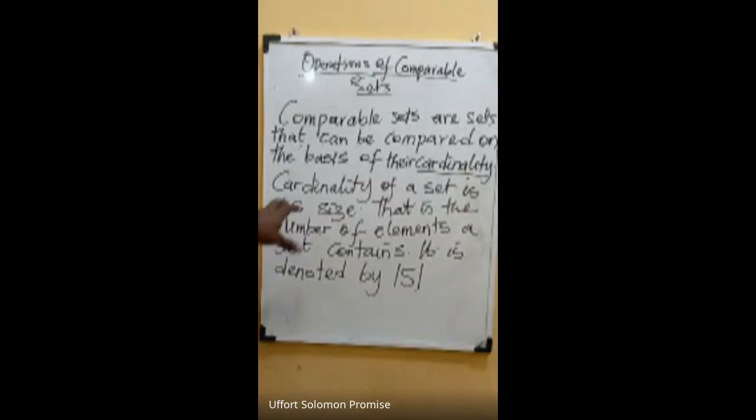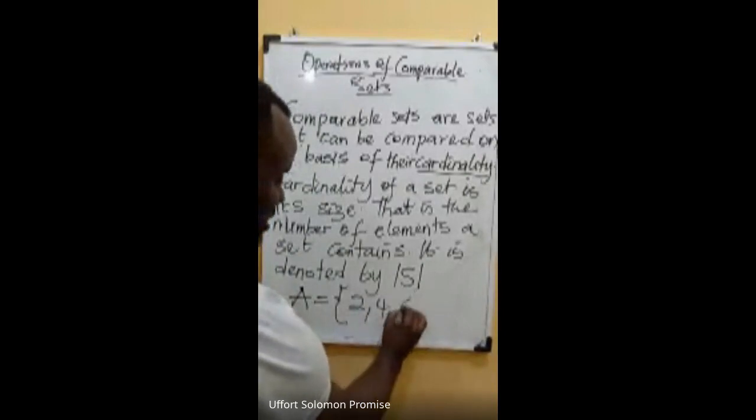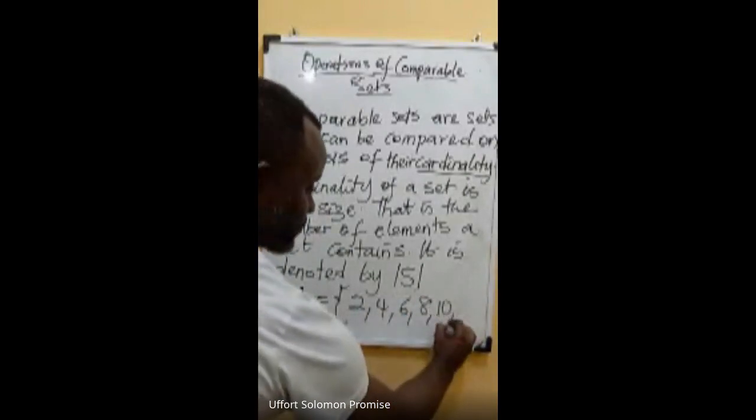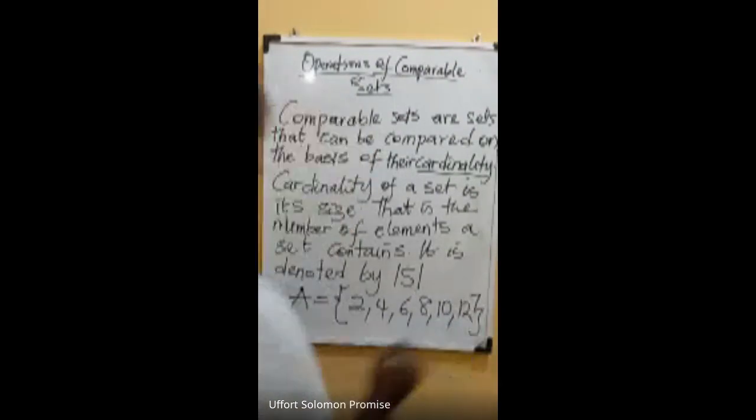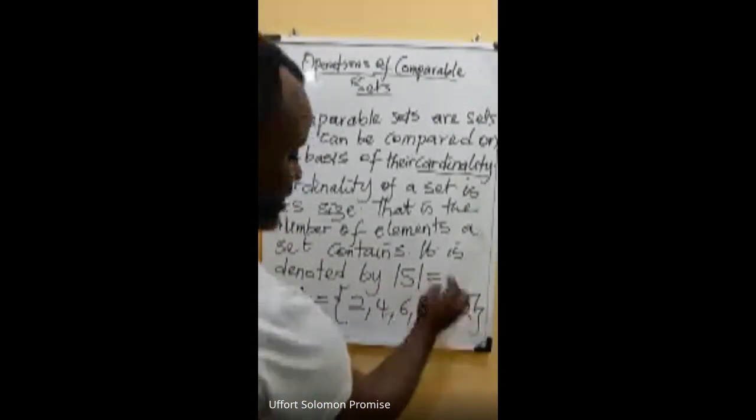And I have said that the cardinality of a set is the size of that set. So if I have set A, sorry that I always use A, it is very simple to use, it's not that every set is represented with A. If I have set A with the elements 2, 4, 6, 8, 10, 12, the cardinality of set A is equal to 1, 2, 3, 4, 5, 6, which is 6.